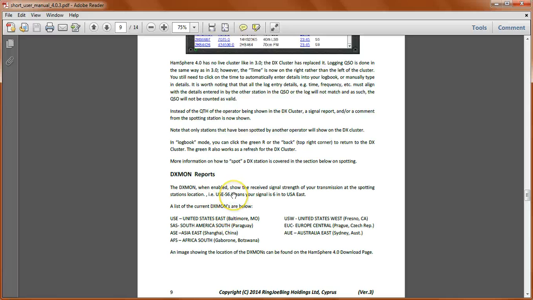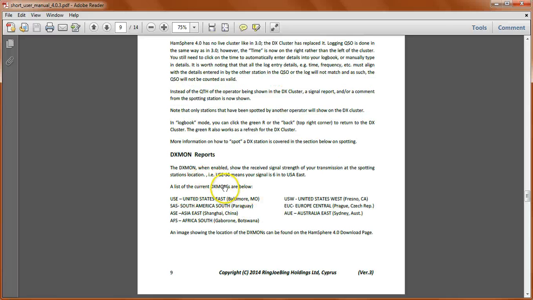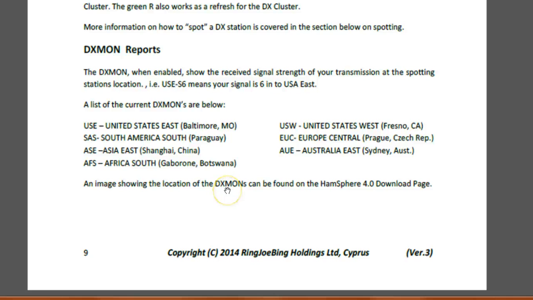There are DX monitors located around the world, and they are literally located around the virtual HamSphere 4 world in these locations: Eastern United States, Southern South America, Eastern Asia, Southern Africa, Western United States, Central Europe, and Eastern Australia.